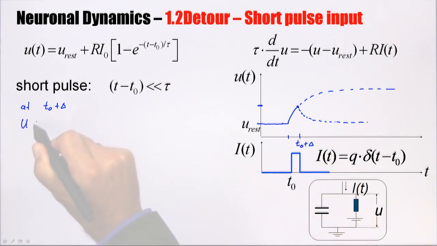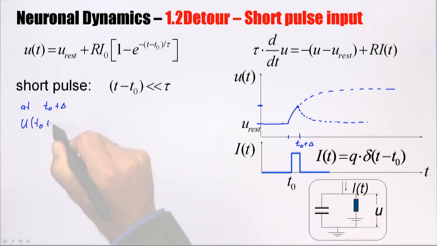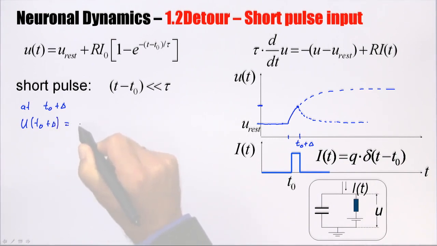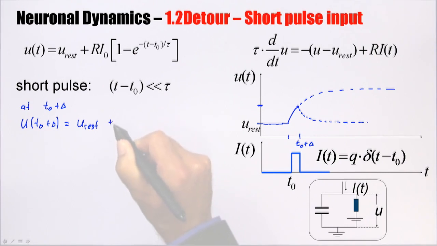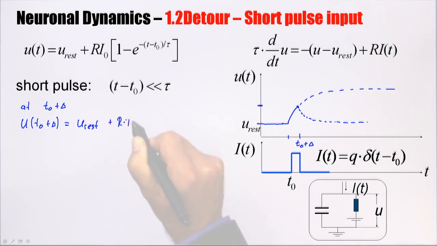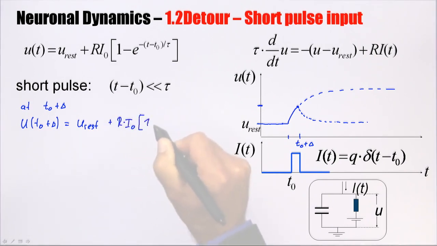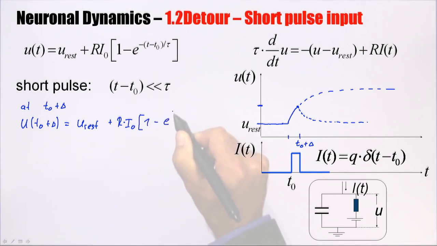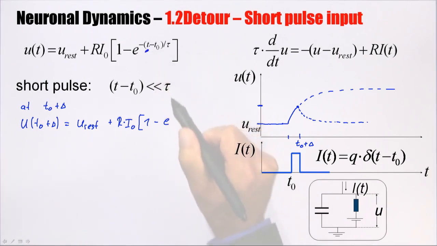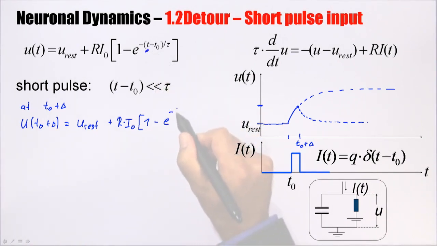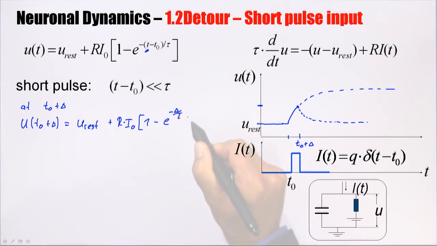So u at t0 plus delta is u rest plus r times I0 times 1 minus e to the minus delta over tau.